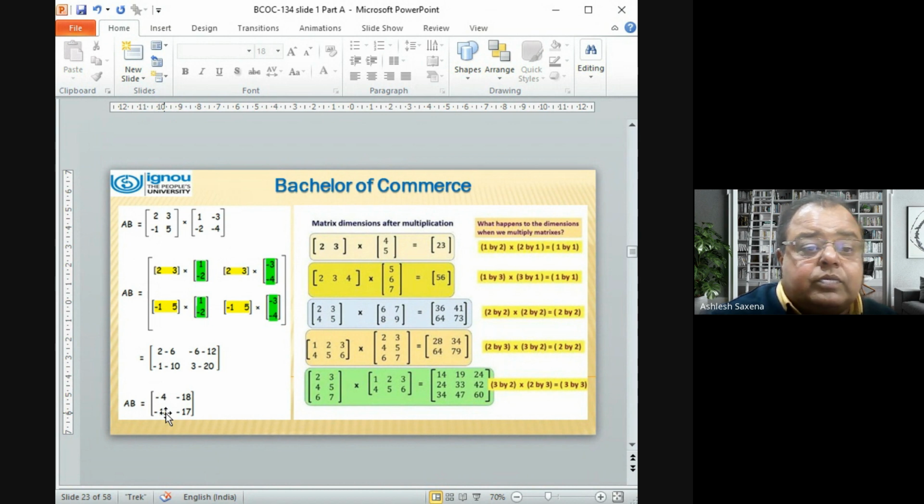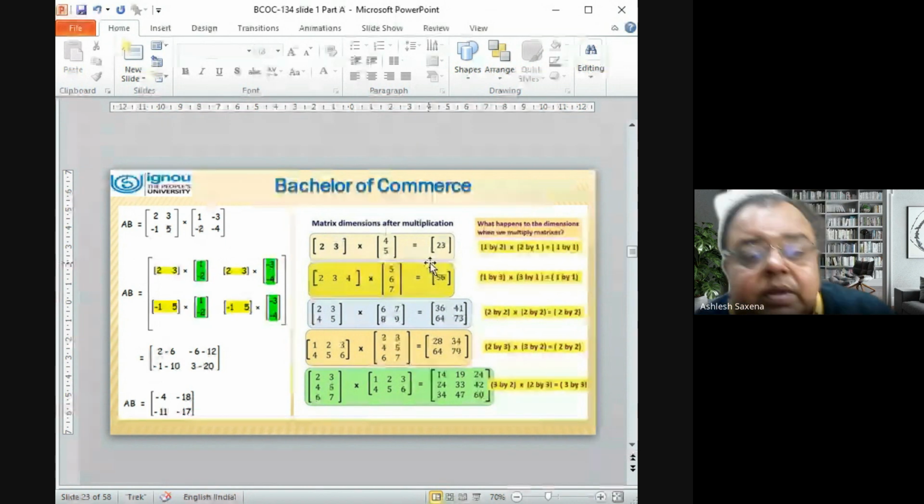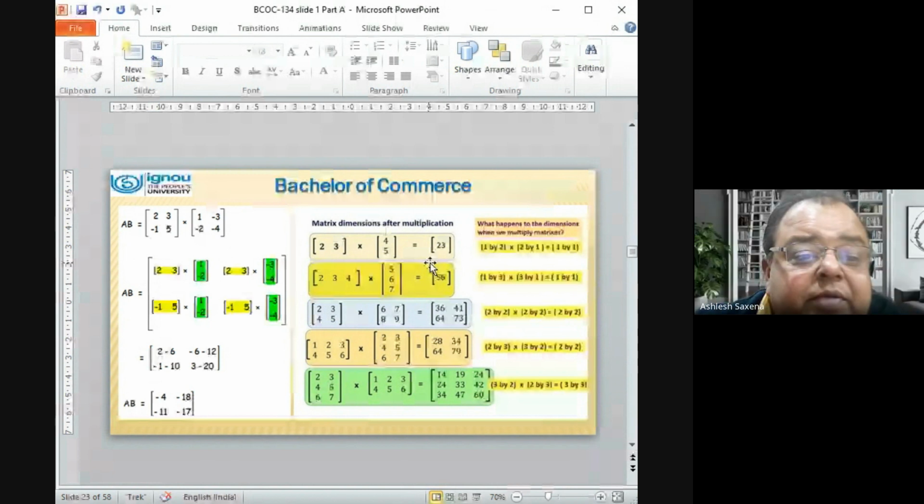Now see to it. Here, without multiplying, we will be seeing how matrix order is found.